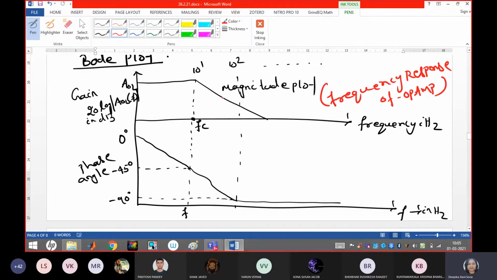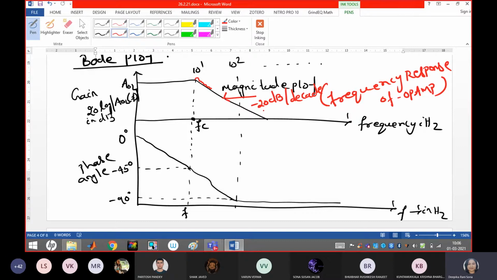So this part, the start of this decreasing point, is minus 20 dB per decade. When you study the low pass filter, the arrangement of R and C components, at that time you will understand why it is minus 20 dB, not plus 20 dB, with respect to what we are writing.